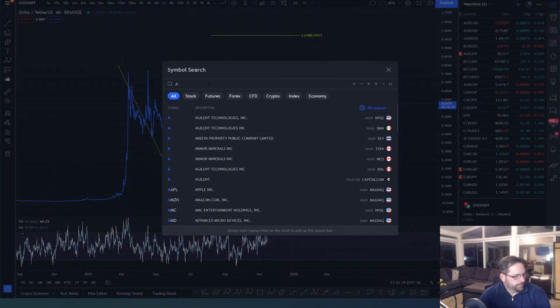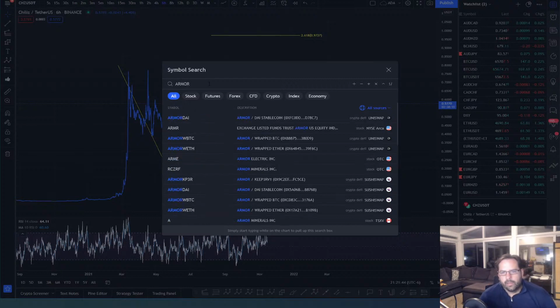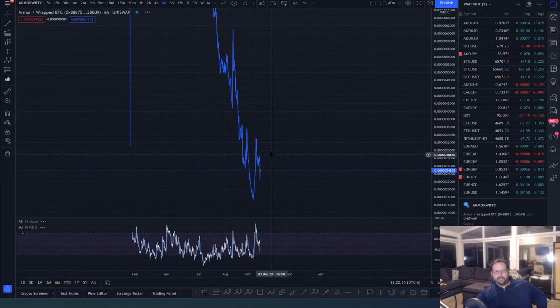Not finding it. It's got to be Armor against something. You want the Uniswap, or which one of these charts do you want? I'll do the Uniswap. You want wrapped BTC? We'll do it wrapped BTC, I guess.